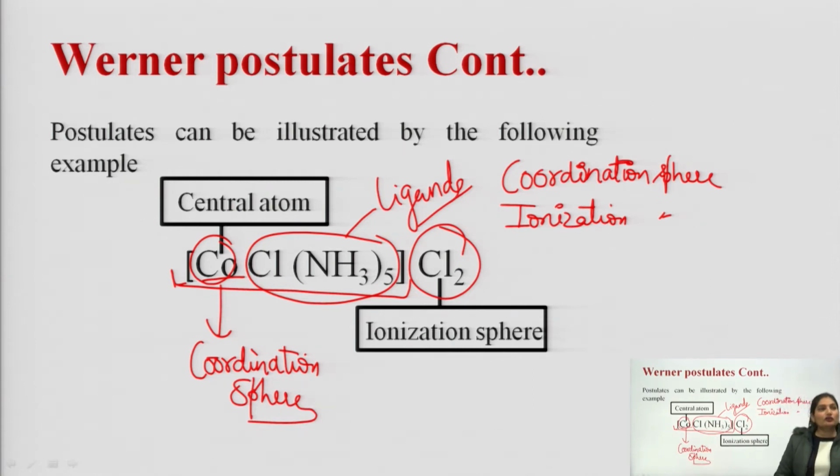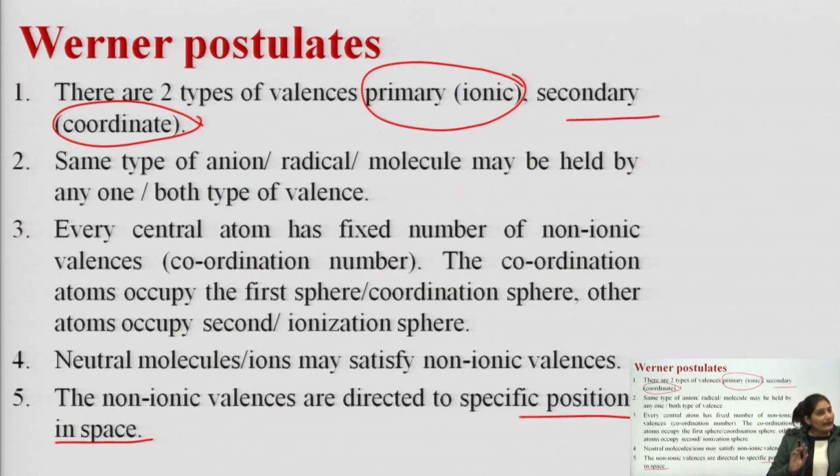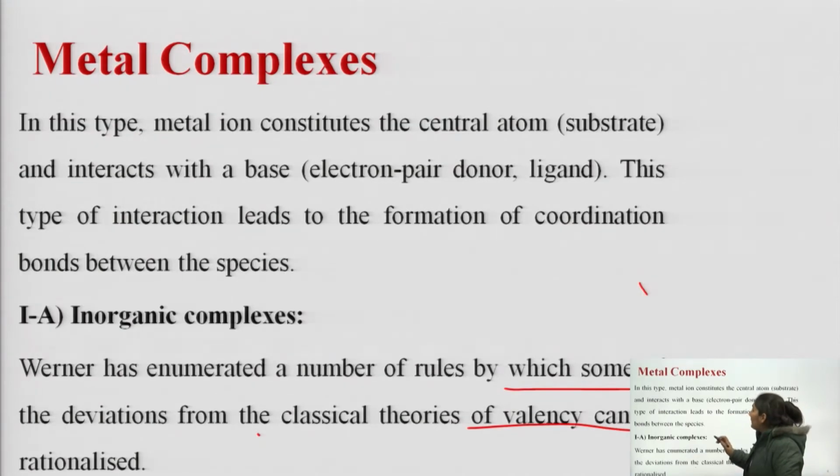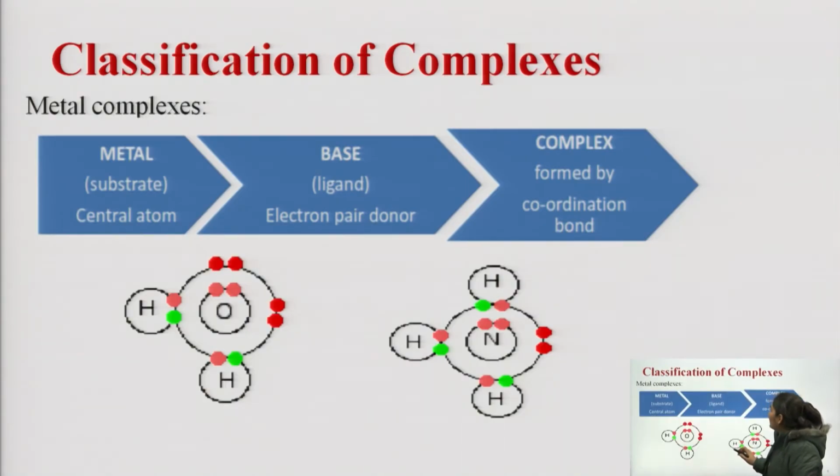According to Werner postulates, there are two types of valencies, primary and secondary, meaning ionic or coordinate, and the same type of anion or radical or molecule may be held by any one or both types of valency. Third postulate is every central atom has a fixed number of non-ionic valency or coordination number, meaning in this example cobalt has a certain coordination number.